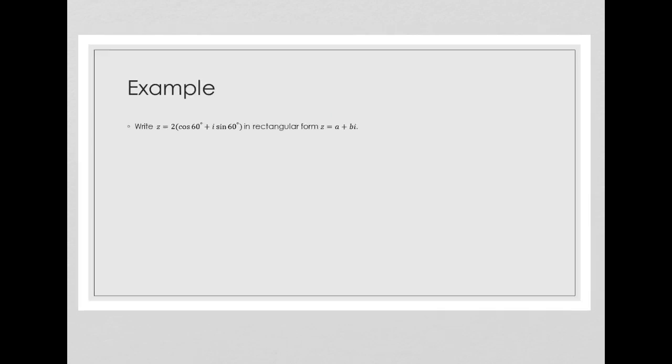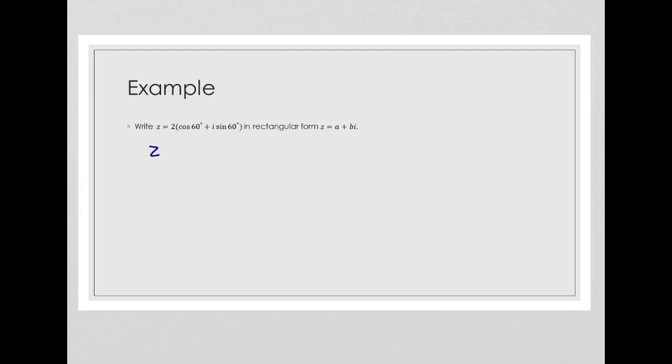So let's have a look at an example. The question is, write z equal to 2(cos 60 plus i sin 60) in the rectangular form of z equal to a plus bi. So going from the polar form into the rectangular form, in this case, all you need to do is to simplify.